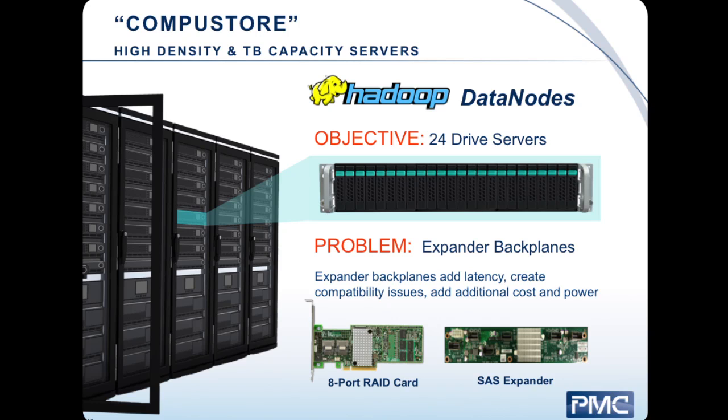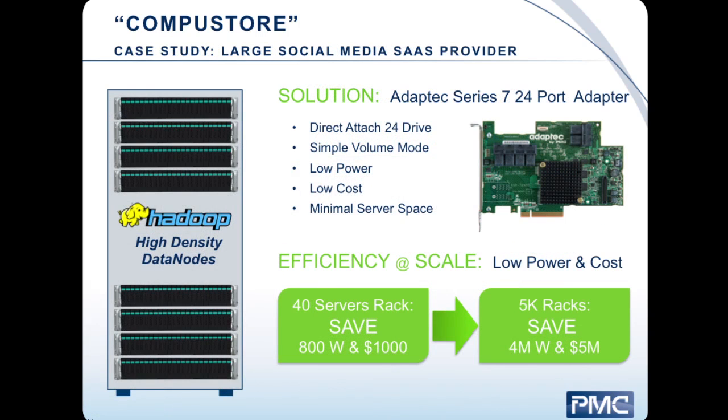And historically, what you would have to do is use an 8-port card and fan that out using a SAS expander. And the problem with the SAS expander is it injects on a per node basis power, cost, and latency impacts. And what we did is we came along with this Series 7 24-port adapter that's direct attached 24 drives, so no need for an expander, that's much lower power, lower cost.